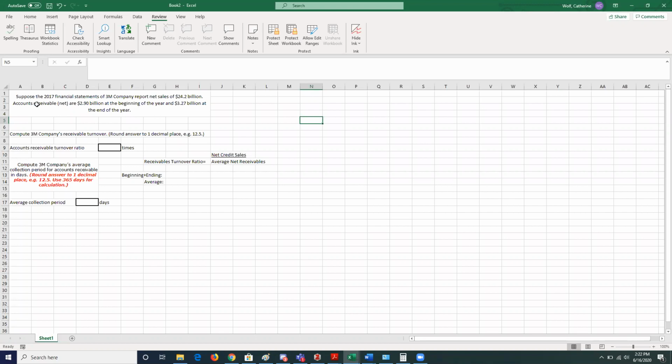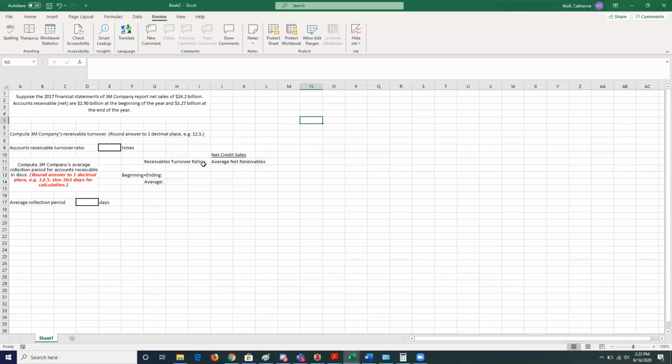So it says, suppose the 2017 financial statement of 3M Company reports net sales of $24.2 billion. Accounts receivable are $2.9 billion at the beginning of the year and $3.27 billion at the end of the year. So I have the receivables turnover ratio written right here, and that is net credit sales divided by the average net receivables.